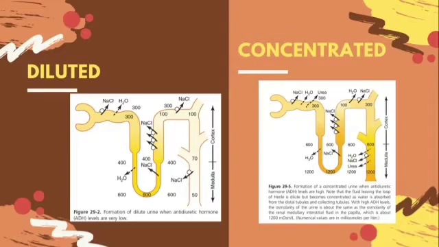This is due to a very low level of antidiuretic hormone. In contrast, you can see in the right figure a concentrated urine, specifically in the distal and collecting tubules. This is due to the presence of a high level of antidiuretic hormone. Later, we will be discussing how this hormone is regulated and what factors affect its secretion.